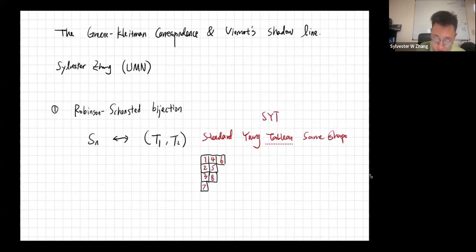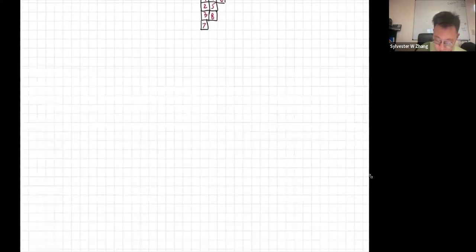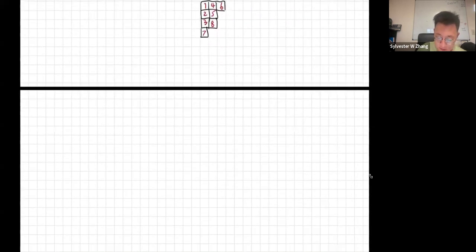The original definition of the RS is via an algorithm, and I just want to give a quick example. Very soon we'll switch to an alternative definition, which is in some sense better than the original algorithmic definition. Let's say you start with the permutation 2, 3, 4, 1, 5.